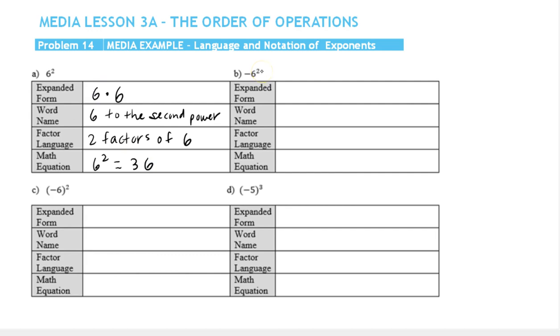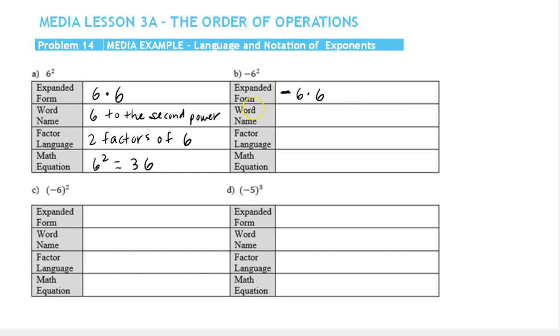Let's look at the next one. So here, this means the opposite of 6 squared. Since this negative sign isn't in parentheses, it's not raised to the exponent. So in expanded form, we're just going to keep this negative sign or opposite sign on the outside and write this as negative 6 times 6, or the opposite of 6 times 6.